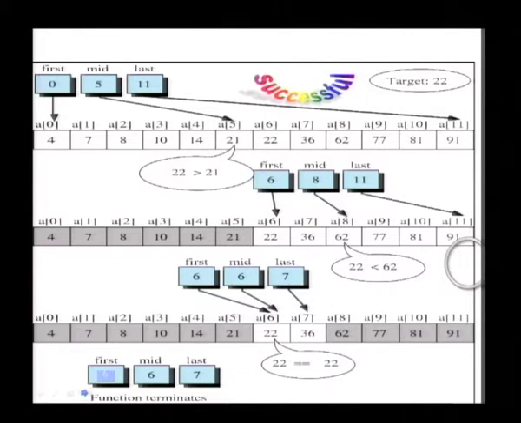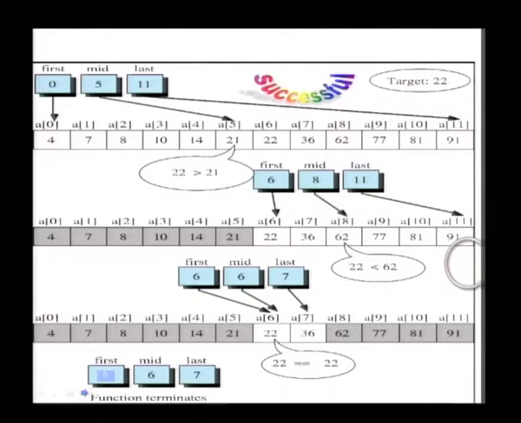And the algorithm repeats this step of comparison, comparing 22 with 62 which is the value in the array index 8, and of course 22 is smaller than 62 and therefore 22 cannot be present in the indices 9, 10 and 11. It is not present in the array index 8 as our comparison has shown, therefore it can only be present among the array indices 6 and 7, that is among the array indices first and mid minus 1.